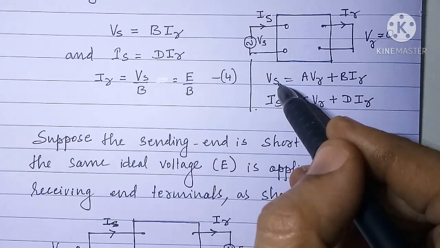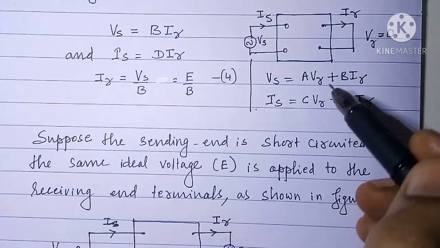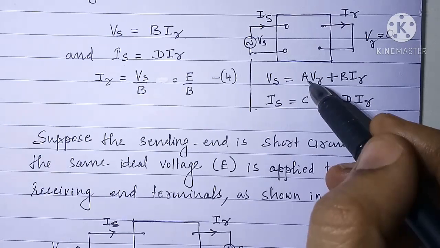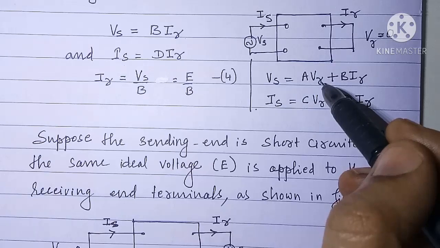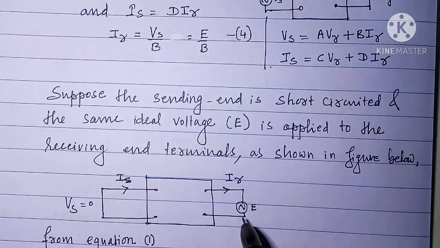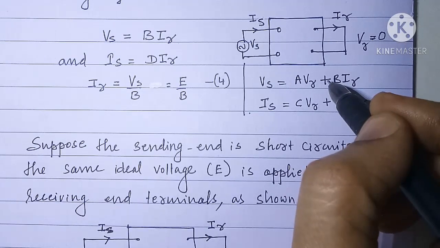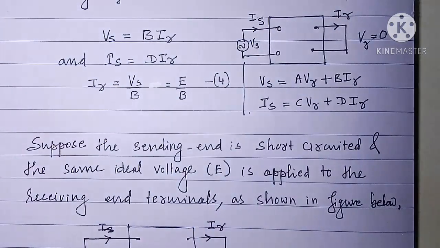Substituting for Vs equal to 0, we get 0 equal to A into E, because receiving end voltage is E, plus B into IR.